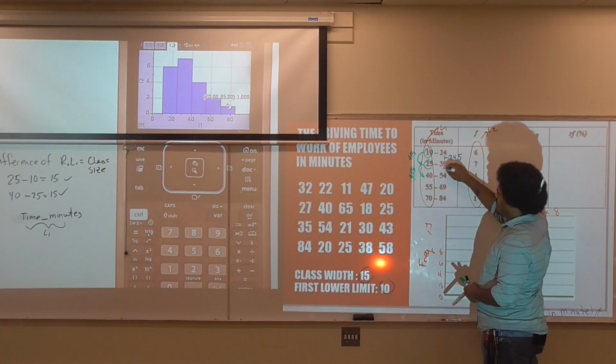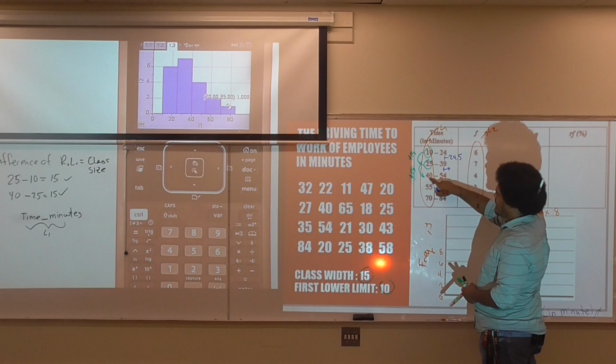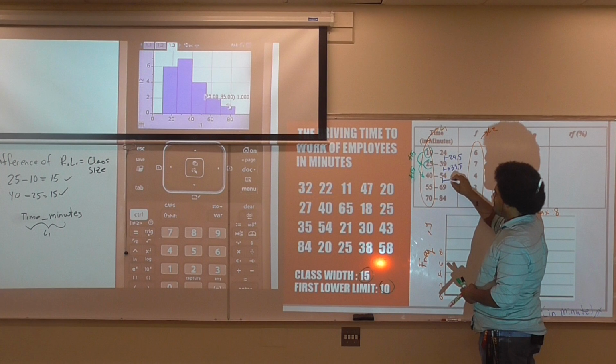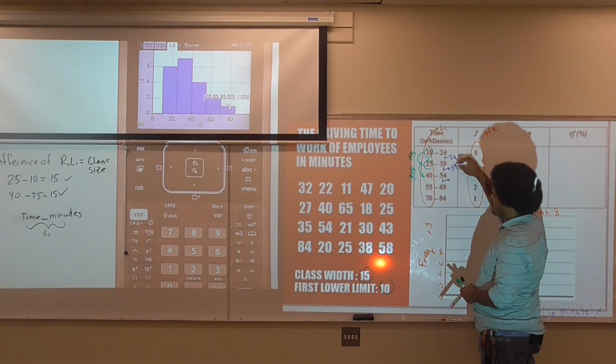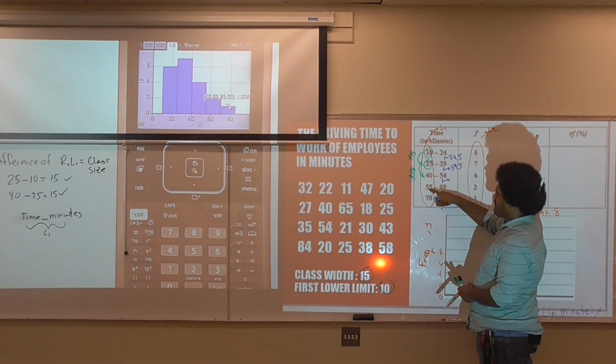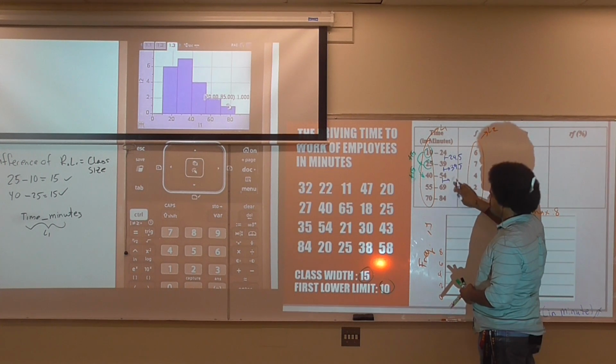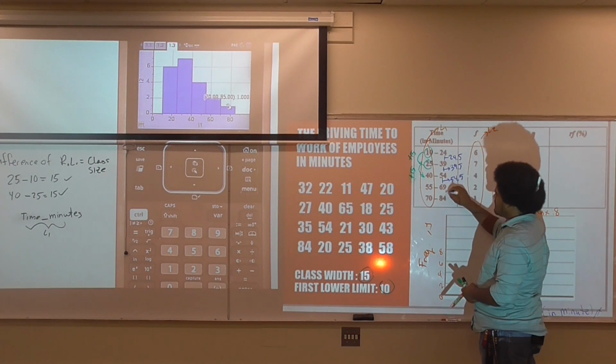This one here was between 39 and 40, which is supposed to be 39.5. So now we see the pattern. Once again, it's 0.5. So we go 0.5 down from the upper limit, making it 54.5. There it is.